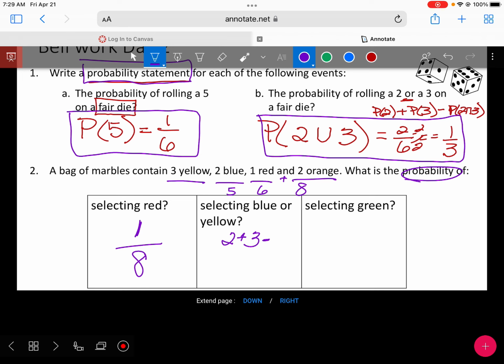And I would need to subtract any place where I have a blue marble that's also yellow. Would I have a blue marble that's also yellow in this case? No. So we're not going to take away anything. So that gives me 5 out of a total of how many? 8. So that one would be 5/8.